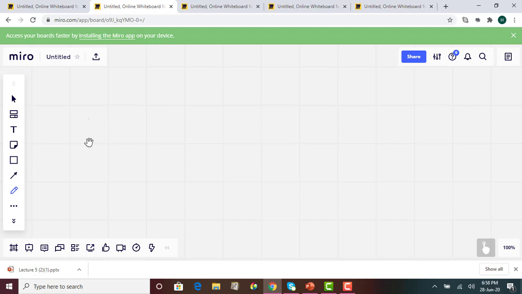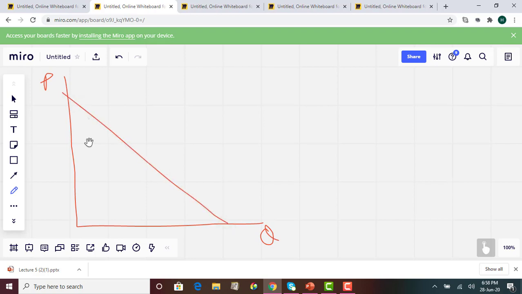Let's say you're given a graph with a demand line. This is price, this is quantity demanded. Then you have a demand curve and a couple of points. At A the price is 60. Then you have B, price is 50, quantity demanded is 100.